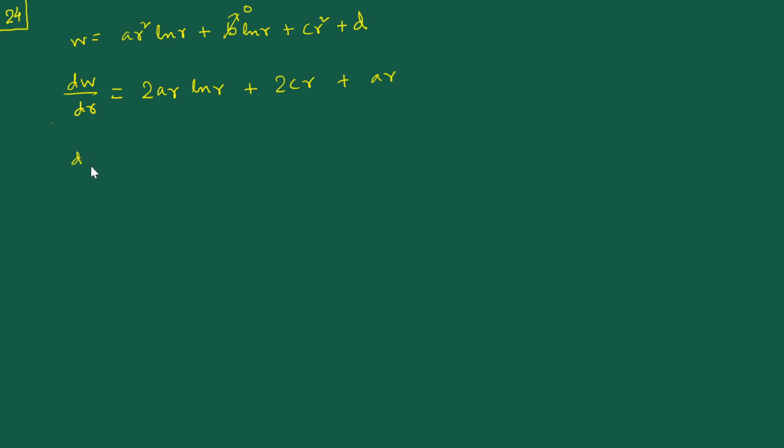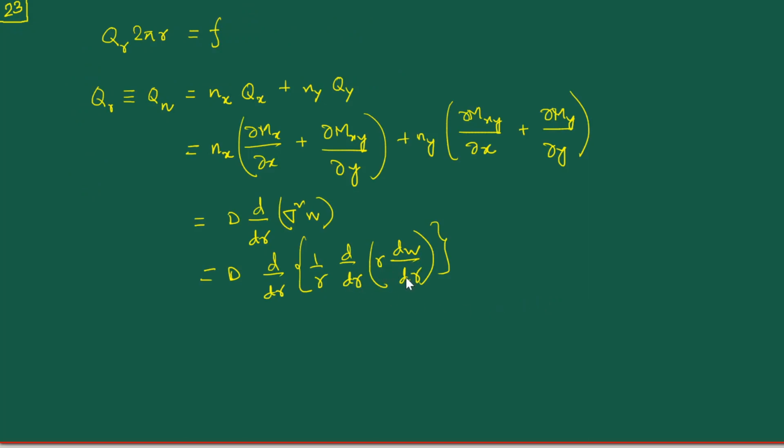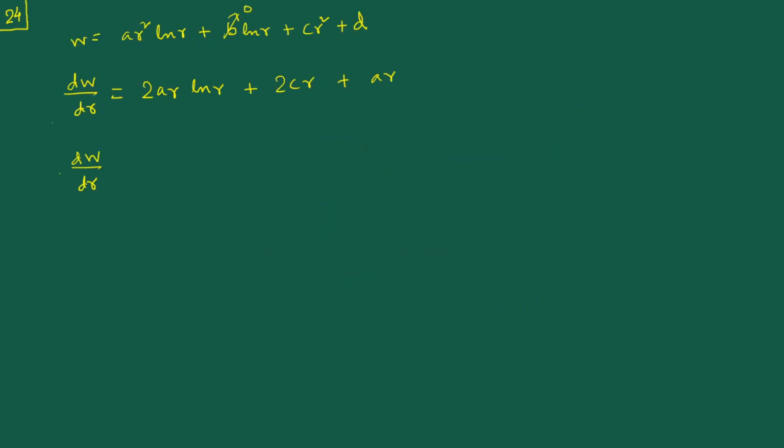Next, I should not be blindly doing this d square w dr square, because you note that in the previous page I had this r dw/dr. That's what I need. I'll do that. 2Ar square ln r plus Ar square plus 2Cr square.